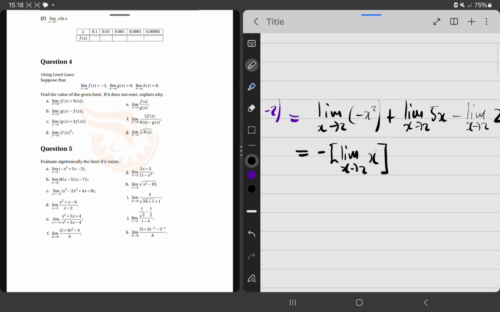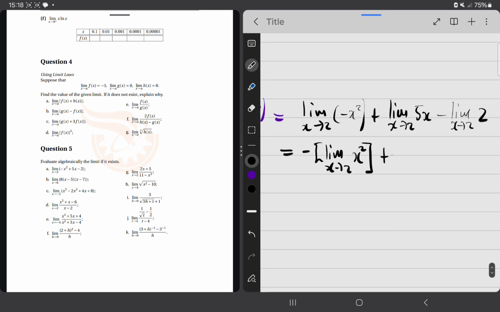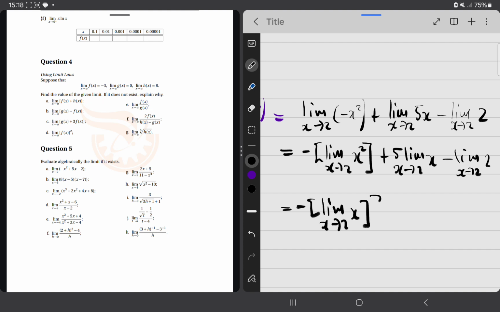Then plus 5, which comes outside, the limit as x approaches 2 of x, minus the limit as x approaches 2 of 2.